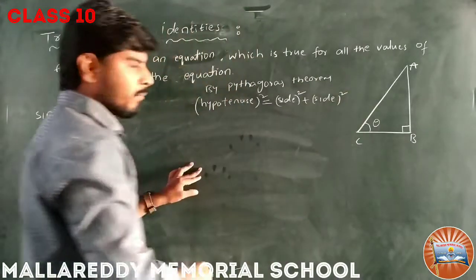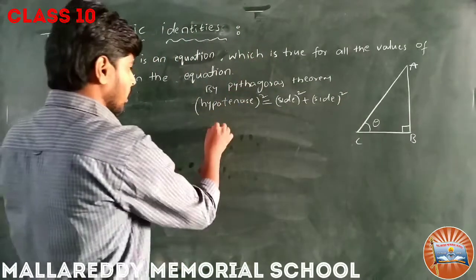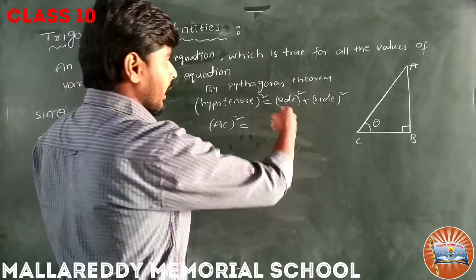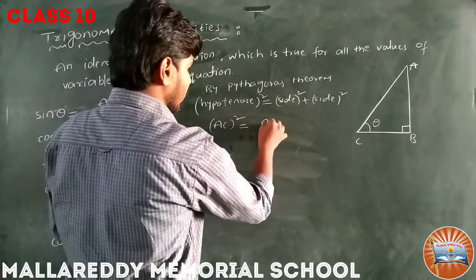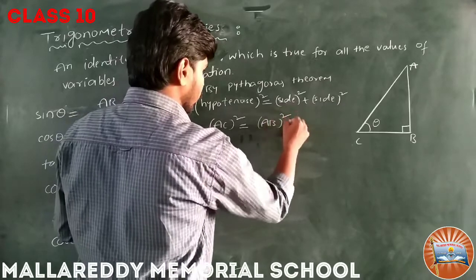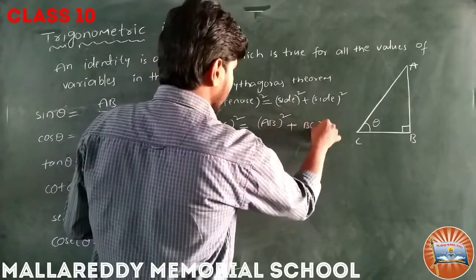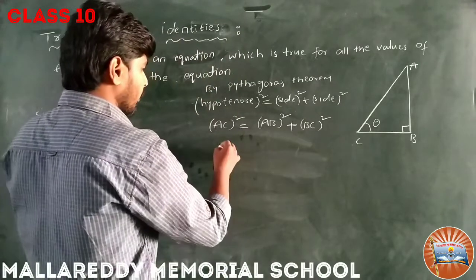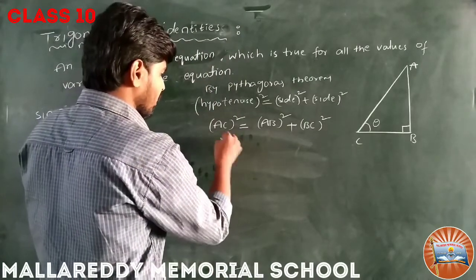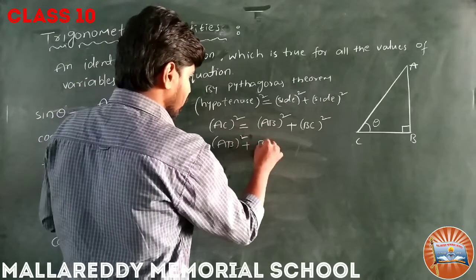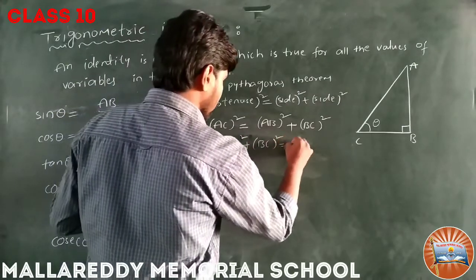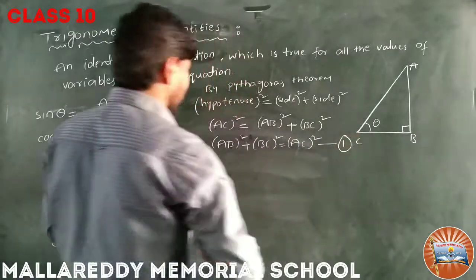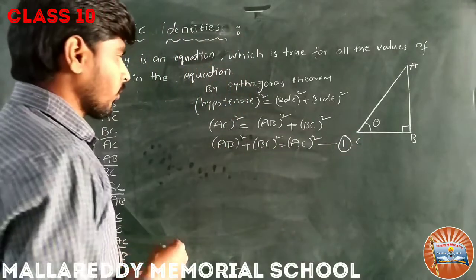AC is the hypotenuse here. AC square is equal to AB whole square, one side, plus BC whole square, the other side. Now I am writing it in reverse: AB square plus BC square is equal to AC square. Consider it equation 1.